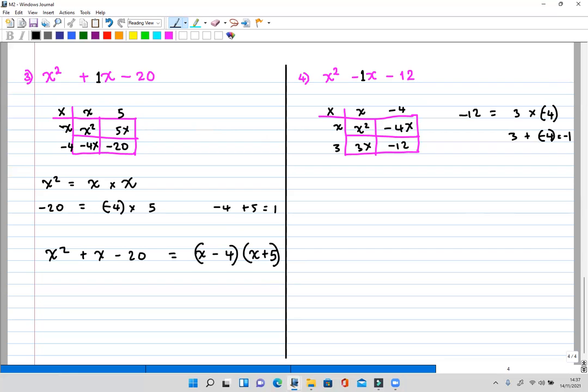Okay, so now x squared minus x minus 12 is equal to x plus 3 into x minus 4. So that becomes our final answer.